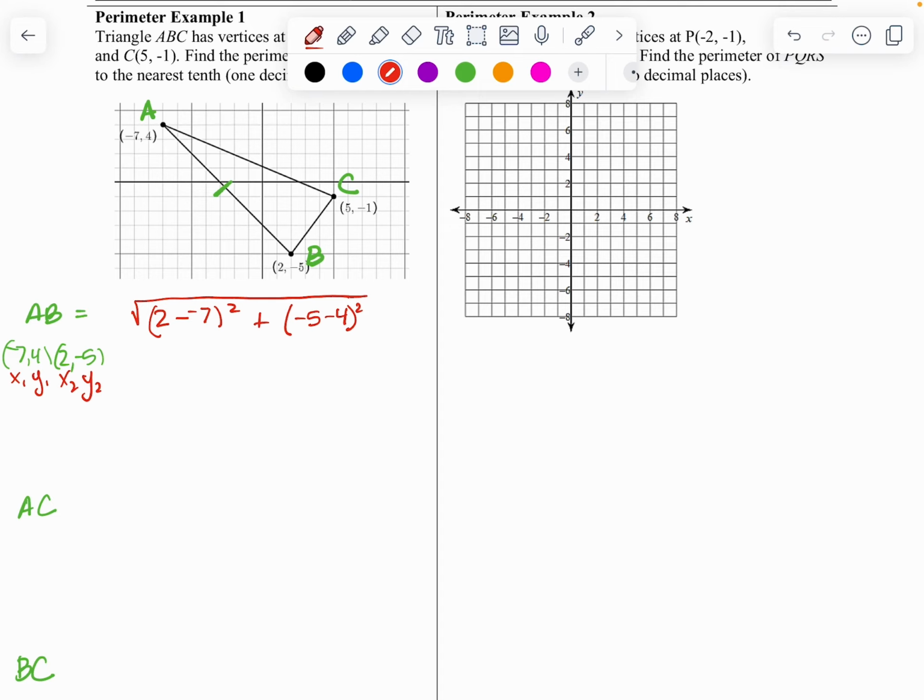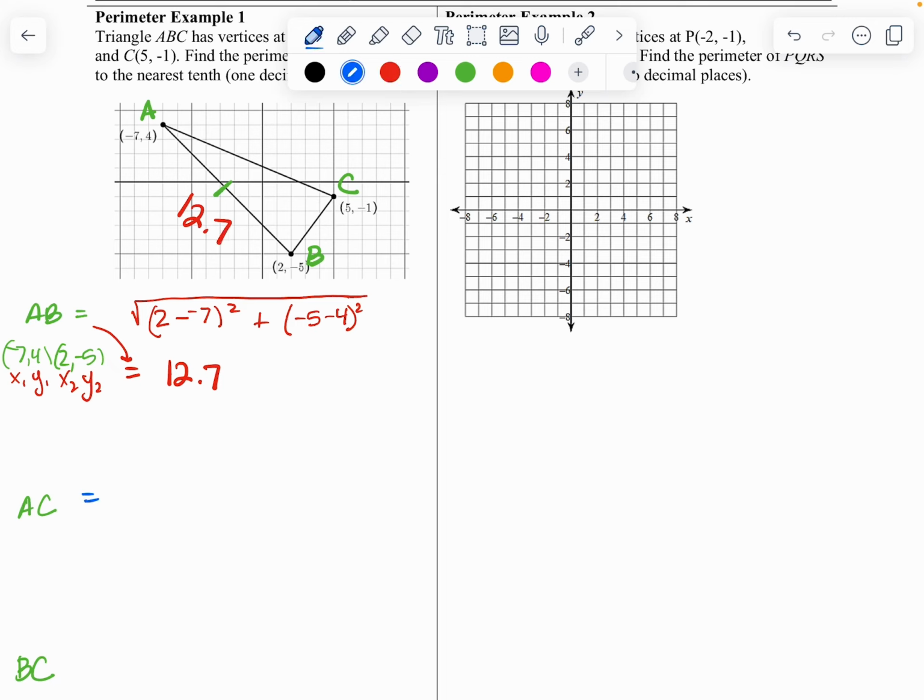Trying to do it in pieces, just the parentheses and then squaring it, when the calculator will do it all for you, eliminates errors. So then we simplify that and get 12.7. So that's the length of AB. So this side is 12.7.